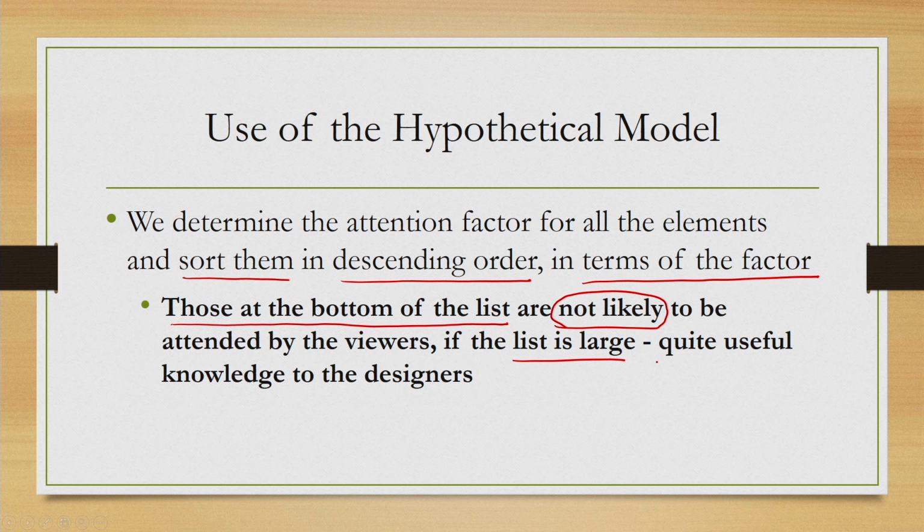Of course, here also we are unable to answer our question directly whether all the elements will be viewed, but we can make some prediction: if I have say a set of 20 elements, it is less likely that the bottom placed 5 elements in terms of their attention factor are going to be viewed within the 10-second time period, which is likely to be the attention span of the user for the website.